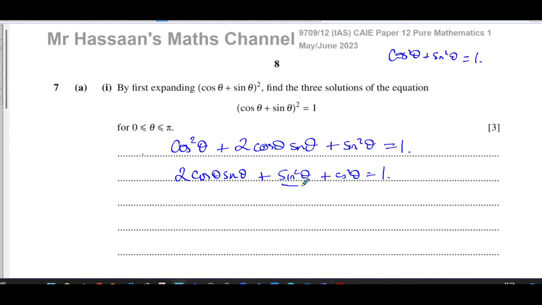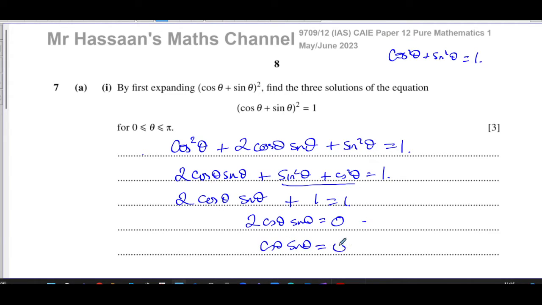Now this basically is going to be 1, so I can write this as 2 cos θ sin θ + 1 = 1. If I subtract 1 from both sides, I end up with 2 cos θ sin θ = 0, which means that cos θ sin θ = 0.